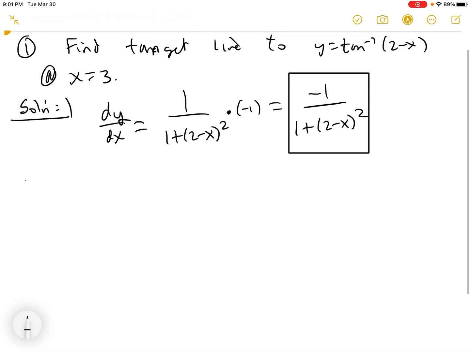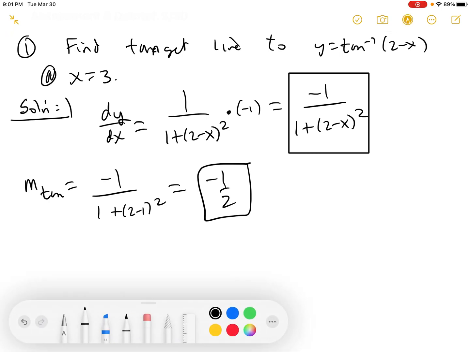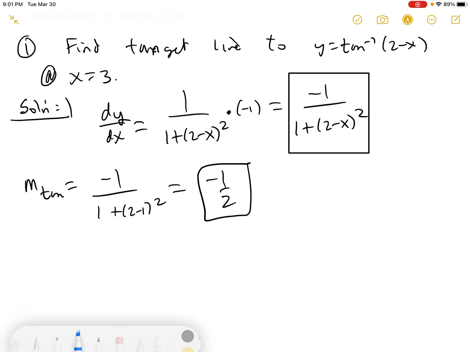Okay, and so the slope of the tangent line is minus 1 over 1 plus (2 minus 1) squared, and that's minus a half.